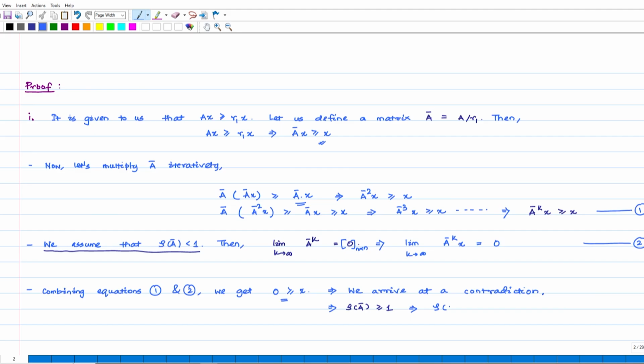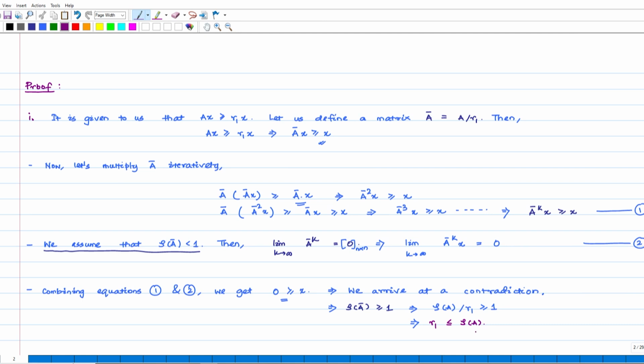It is simply equal to rho of A divided by R1, which is greater than or equal to 1, which further implies that R1 is always less than or equal to rho of A, which completes the proof for the first part of the result.